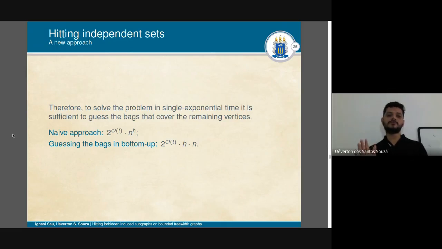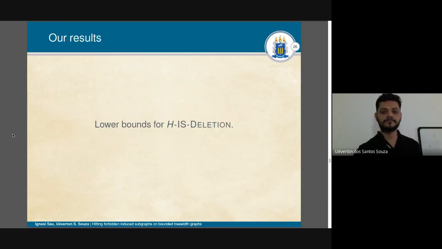So a naive approach is sufficient to solve the problem in single exponential time, but the dependence on n is not linear. But in a bottom-up manner, we are able to solve that in single exponential time and with linearity in the number of vertices.